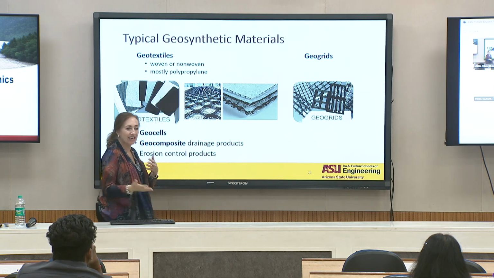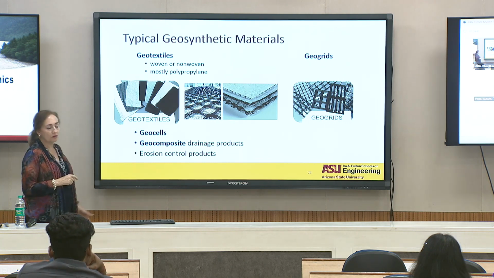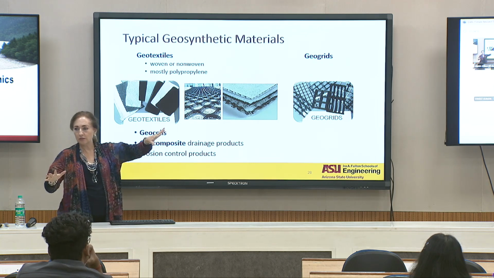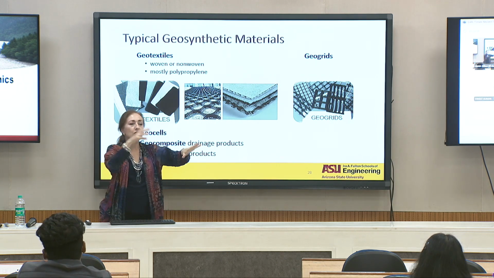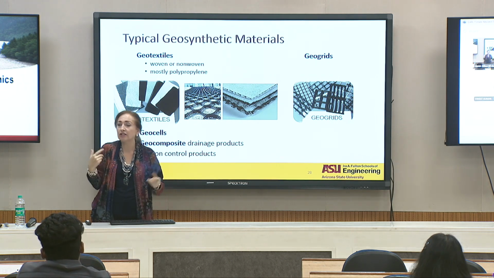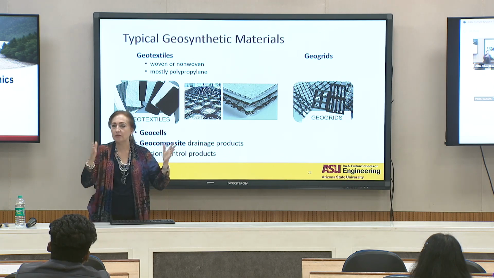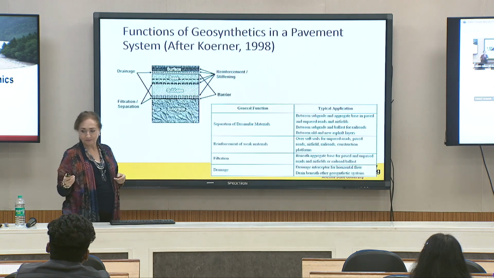So that's a kind of composite material. And erosion control products also: you can put them on top of your slope to protect it from erosion while still letting the vegetation grow. So there are many of them, and each has its own specifications and is used for different applications.